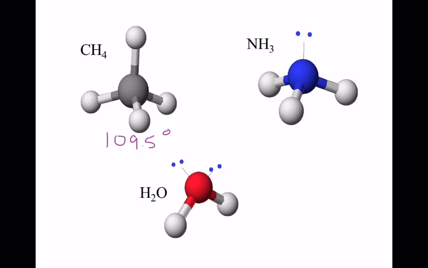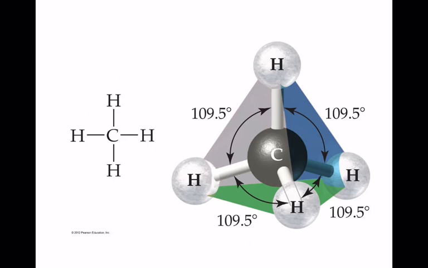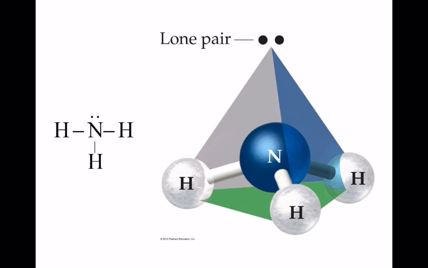The others are going to be a little bit less than 109.5 degrees. And you would expect the water to be the least off because of the 2 lone pair electrons. So there's methane, tetrahedral, 109.5 degrees.